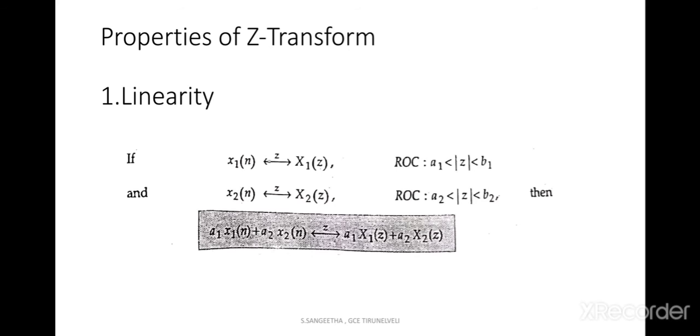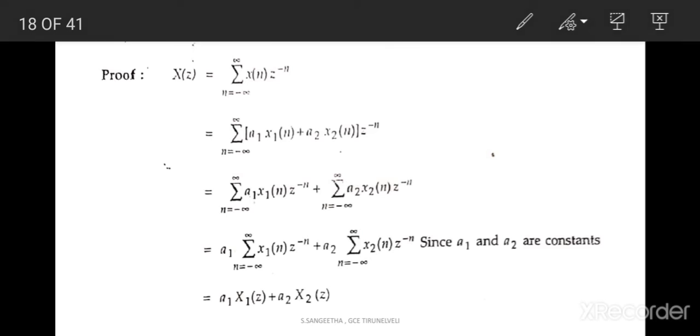In the linearity property, if the Z transform of small x1 of n is capital X1 of z with ROC lying between A1 and B1, and for small x2 of n the Z transform is capital X2 of z with ROC ranging from A2 to B2, then a1 x1 of n plus a2 x2 of n has the Z transform a1 X1 of z plus a2 X2 of z. So this is the first property, linearity.